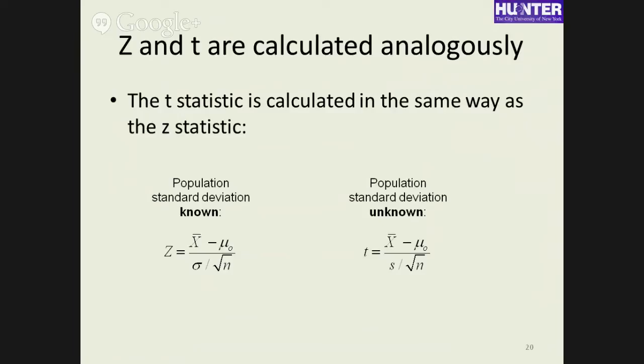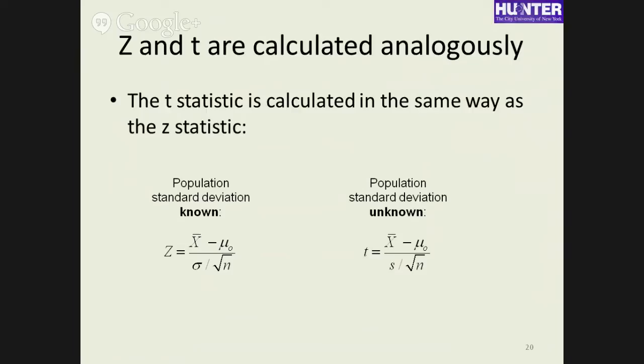So if we have a known population and a known population mean and standard deviation, or at least a known population mean, we calculate these two things in the same way.